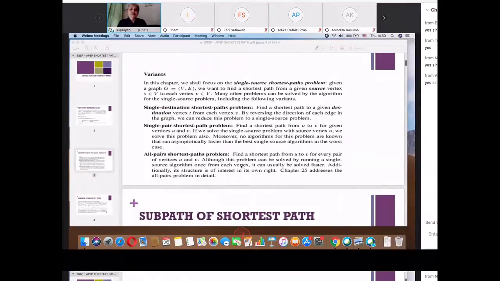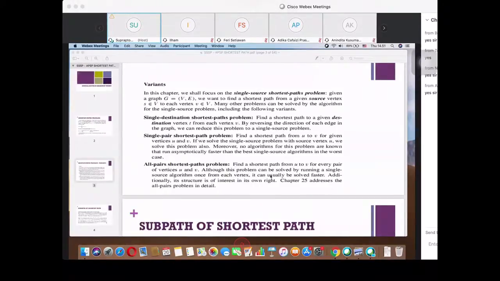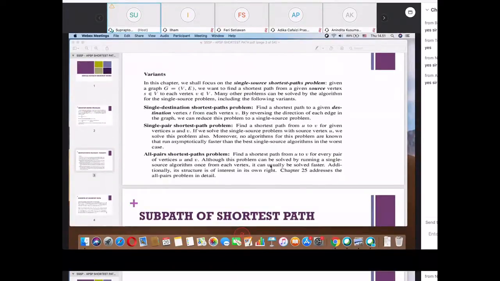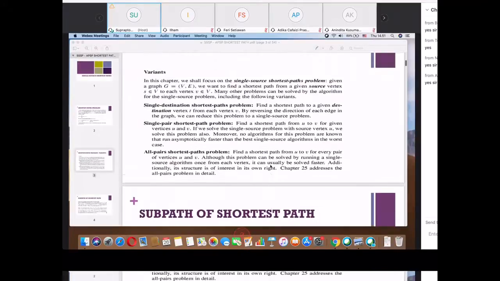Okay, and the last one is the all pairs shortest path problem. In this case, you have to solve all possible shortest paths from every vertex in the graph to every other vertex in the graph. So it's like a generalization of the single source shortest path problem. We will talk about it later. Now we first concentrate on the single source shortest path problem.